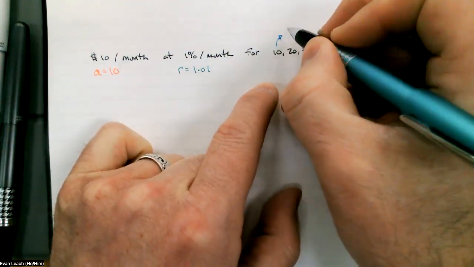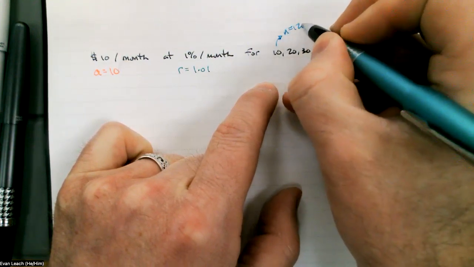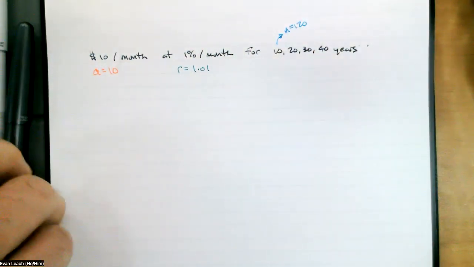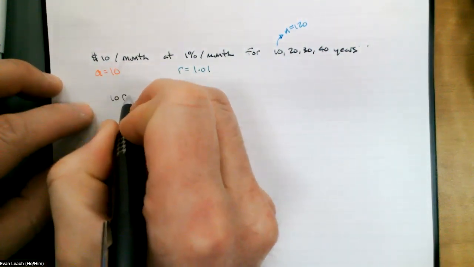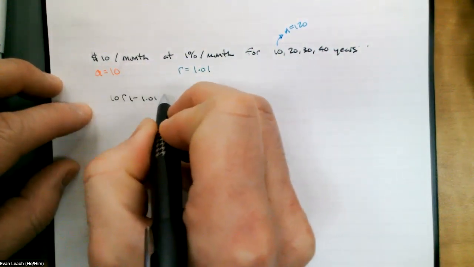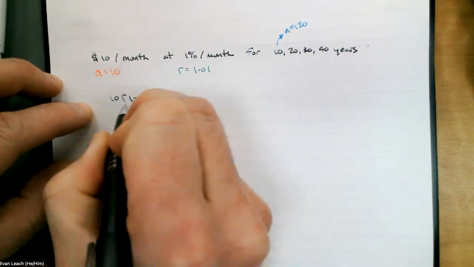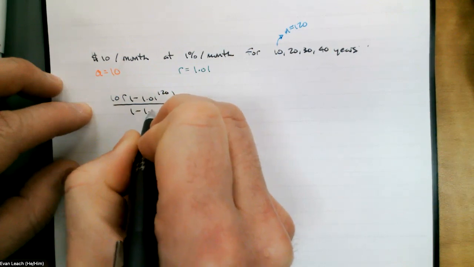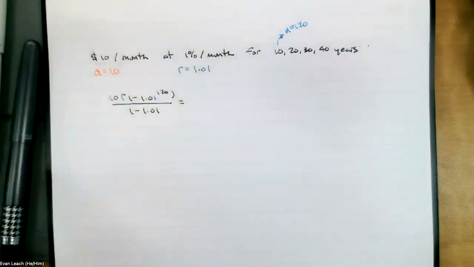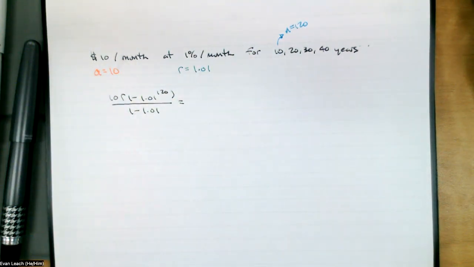So N equals 120. Oh shoot, forgot to keep this with. Grab the calculator.